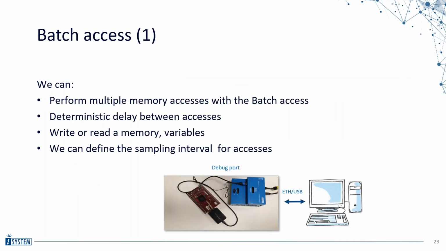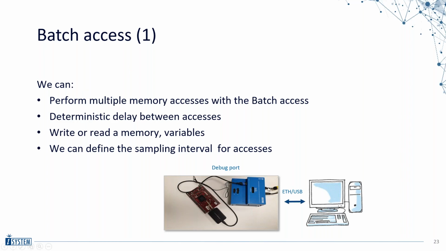The next class and the next feature is the so-called batch access. When we want to have data acquisition with a lot of variables, we can use the so-called batch access. With the batch access, we have the most exact timing of sampling. Why?